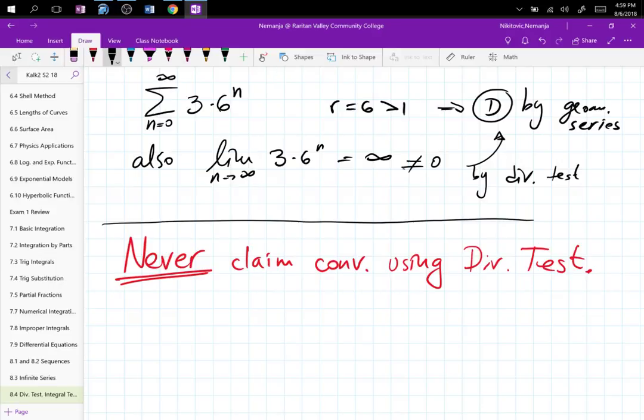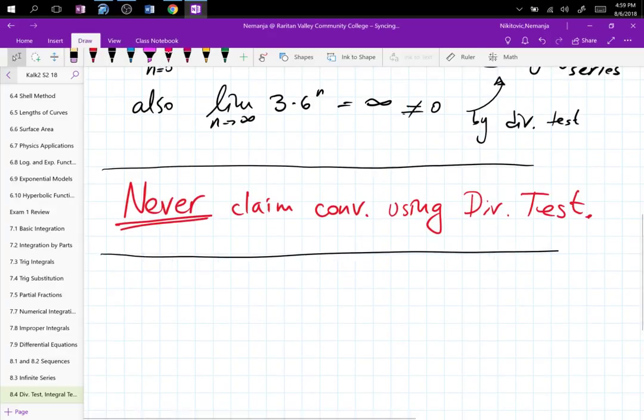So that is something that you have to really be careful about. I'm going to give you an example now: the summation of 1 over n, where n starts at 1 and goes to infinity.